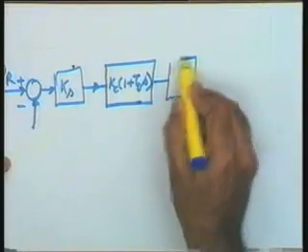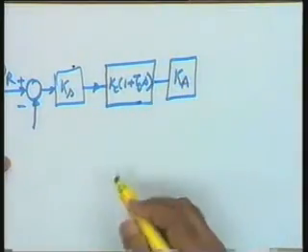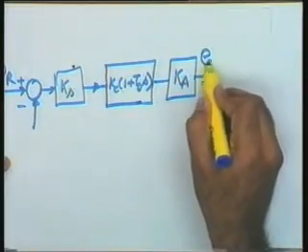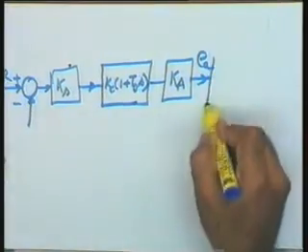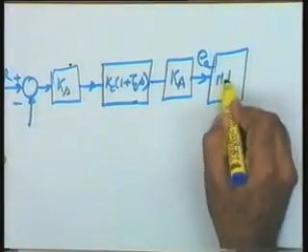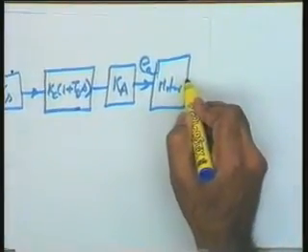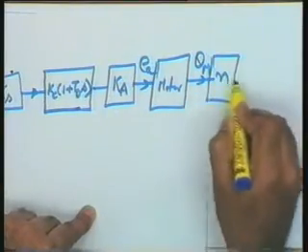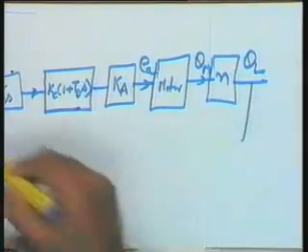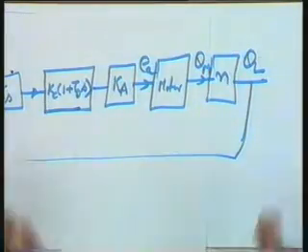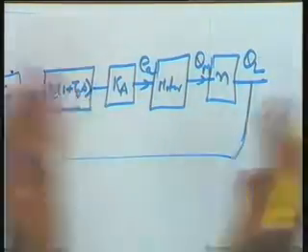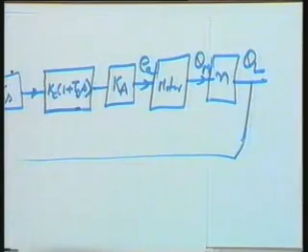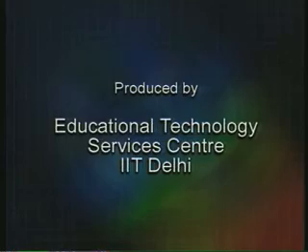Here I have an amplifier Ka, which gives you the signal Ea. Use a motor here, which gives you the signal theta m, then gear ratio n, which gives you the signal theta L, and this is fed back. This is the complete block diagram. The motor I am using as a block; the complete block diagram of the motor is already known to you. Thank you.